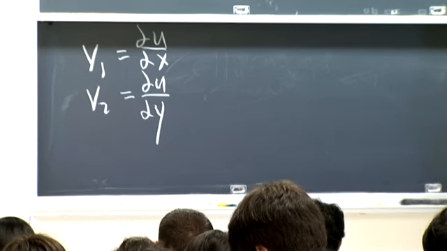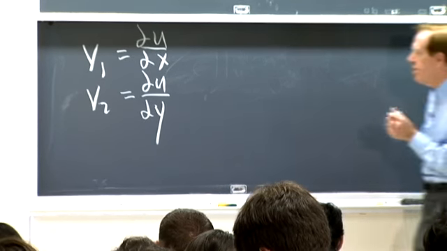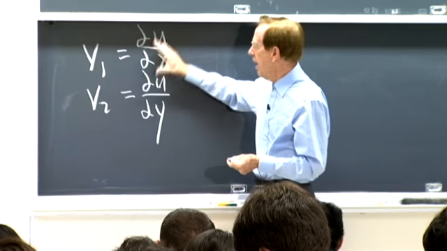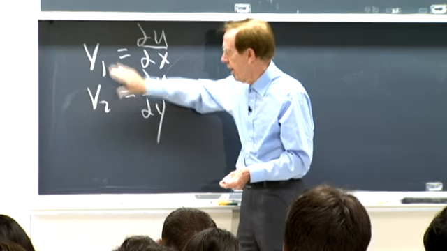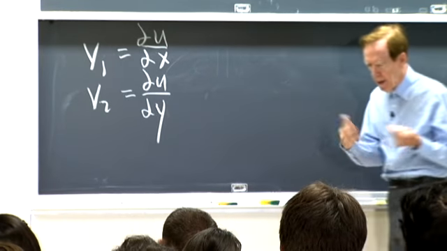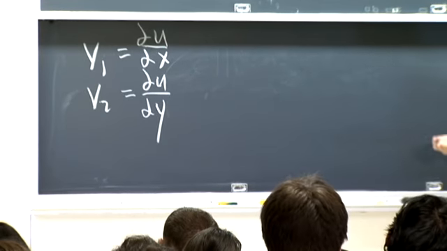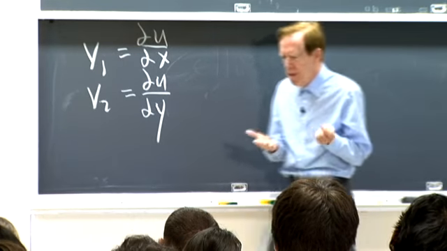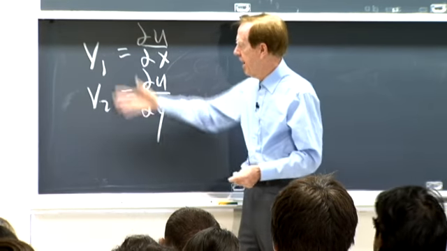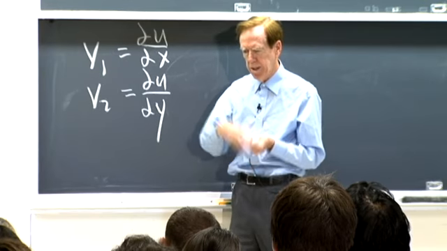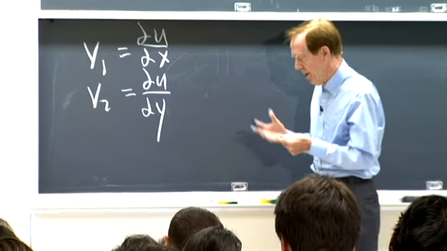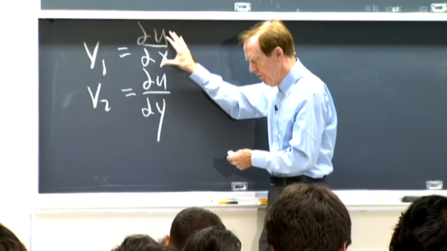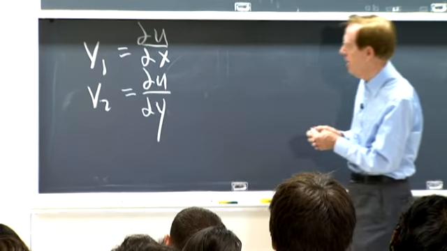How can I connect these two equations and therefore connect v1 and v2? That'll be the test for whether, in matrix language, v1, v2 is in the column space of the gradient. Is it something I can get from this tall, thin matrix?